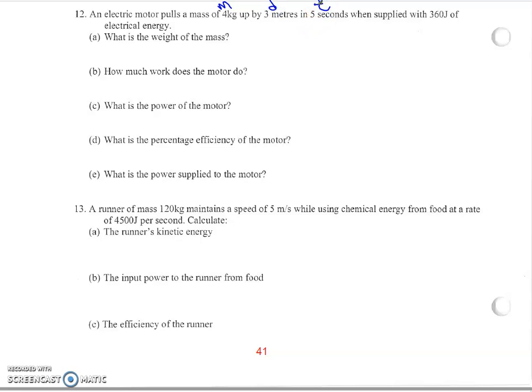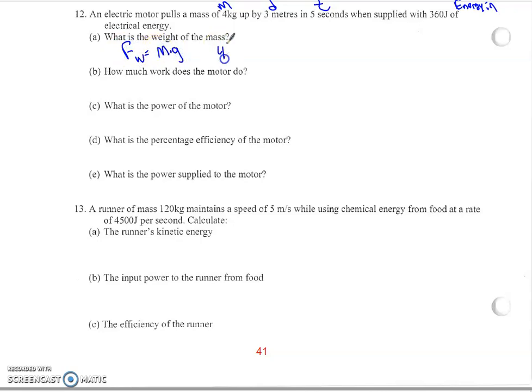So that 360 joules, that is energy input. That's how much energy was put into that thing. So the weight of the mass, remember, if we talk about weight, what you end up doing is mass times gravity.